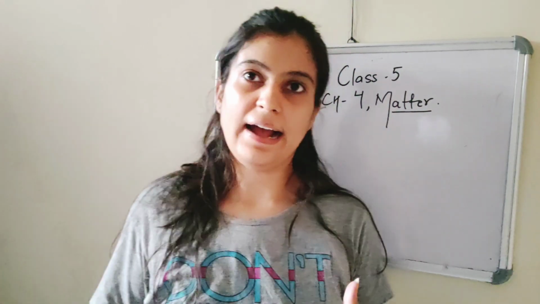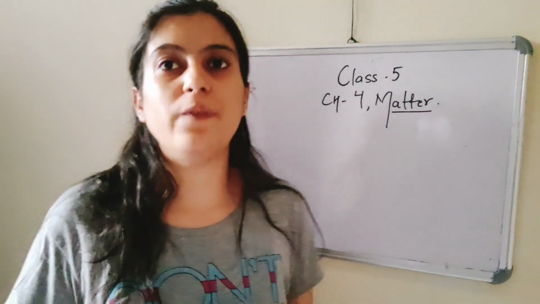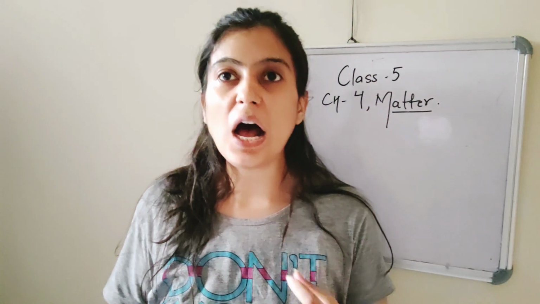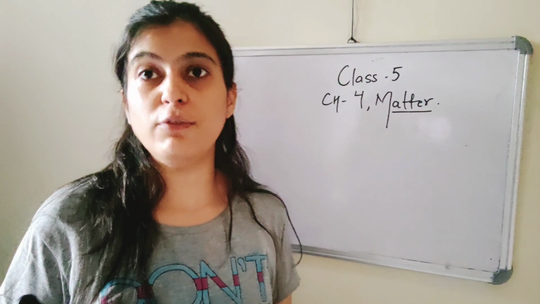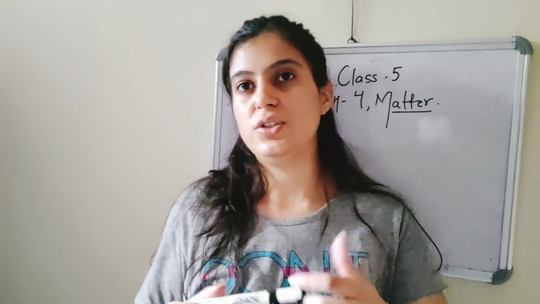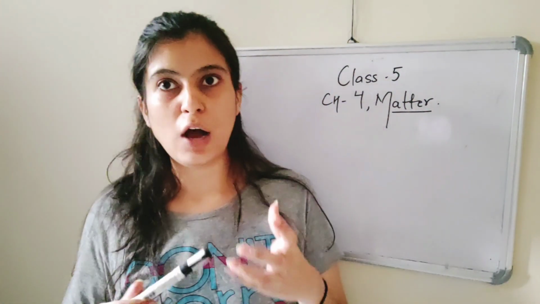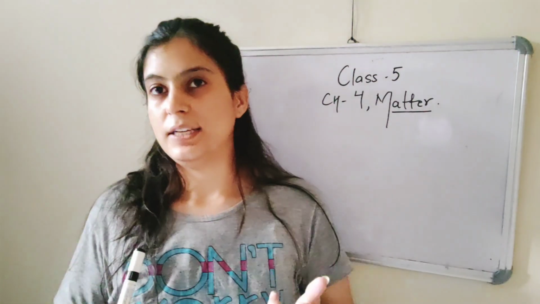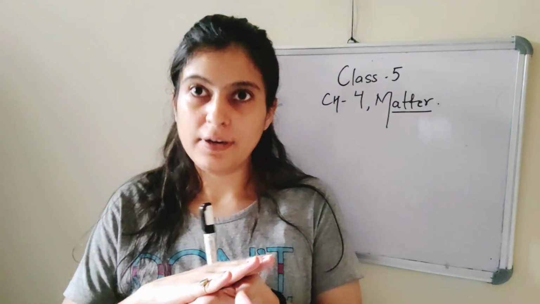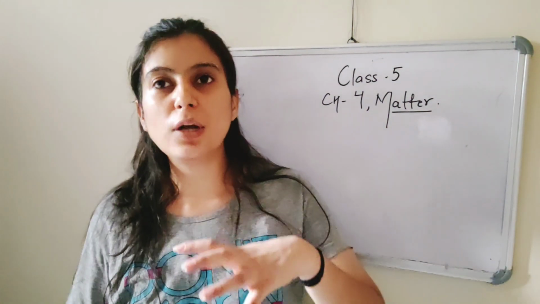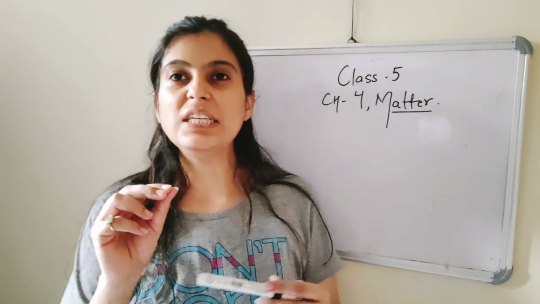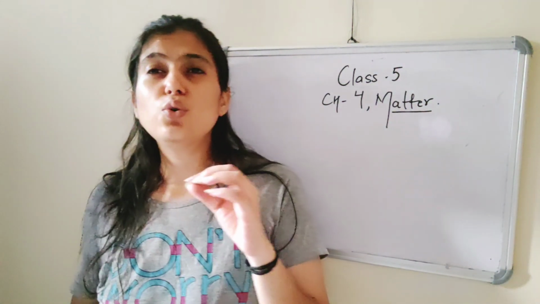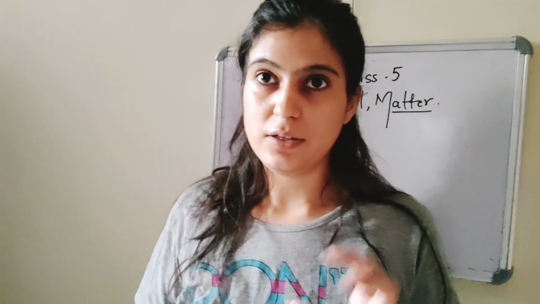You have also learned that matter is made up of very tiny particles which are called molecules. For that, we can take an example. For example, sugar crystals. You all have sugar at your houses. Do one thing, take that sugar, put it on a paper and crush it. Crush it to the point where you cannot crush it further. You will see that the powdered substance, which you can see with naked eyes, is made of very tiny particles.